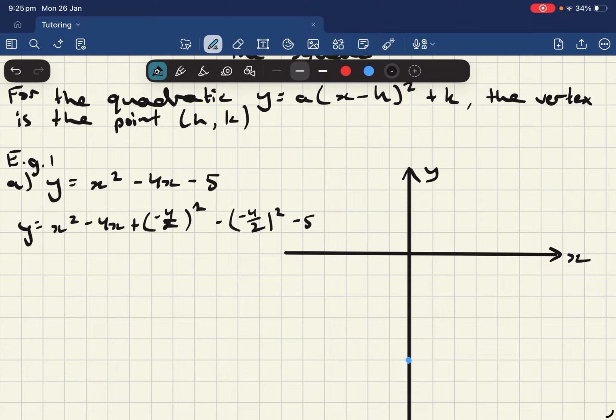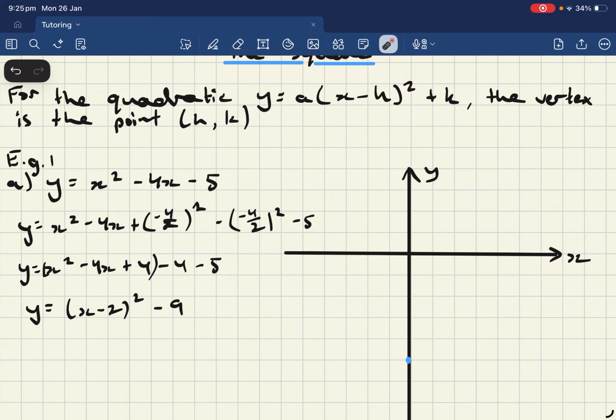So what we're going to get is x squared minus 4x plus 4 minus 4 minus 5. This bit is our perfect square. So we have x minus 2 squared minus 9. So this is our equation in vertex form.